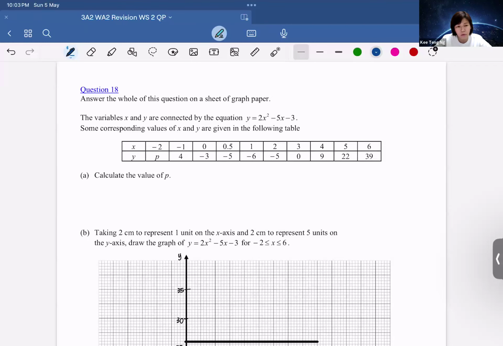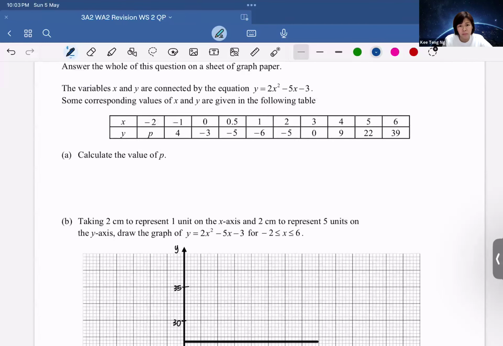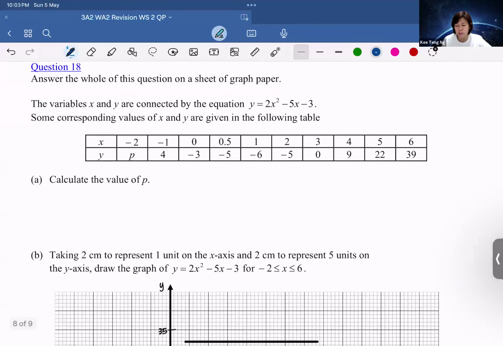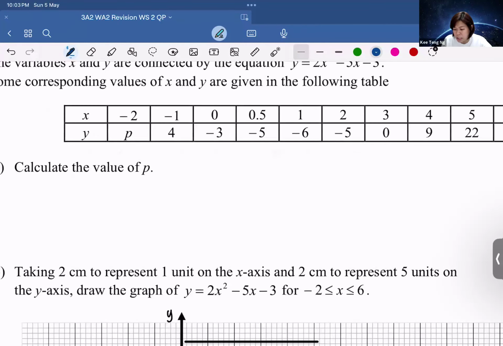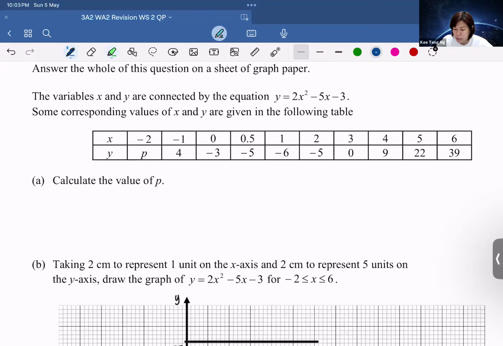First part of the question: some of the variables are connected by this equation, 2x squared minus 5x minus 3, and we have corresponding values of x and y given in the following table. I want to find letter P, which corresponds to x being -2. So I'll follow my equation, where y is now changed to the letter P. P equals 2x squared minus 5x minus 3.